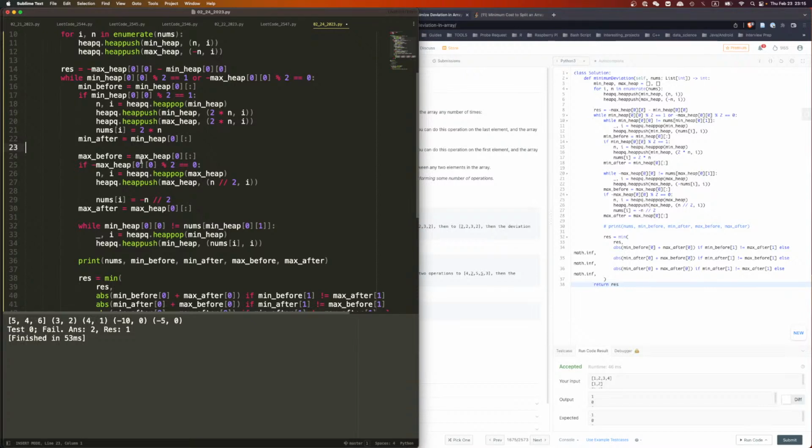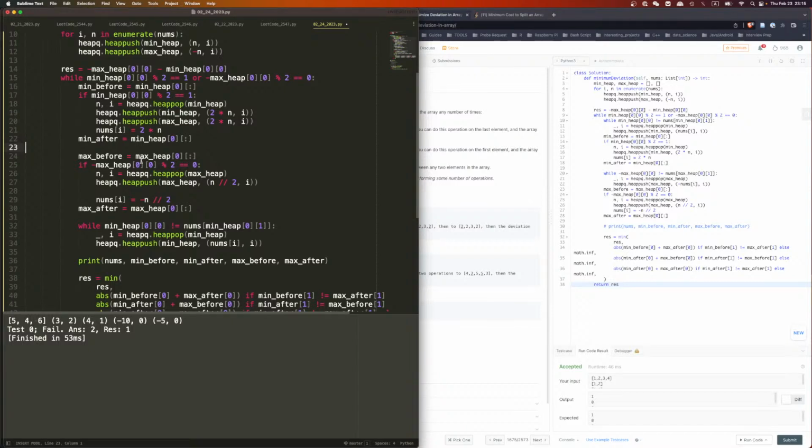I update both, so I get a current min and max, right? I move one. But the thing is, if I move min first, why can't we just move the max first? I move min. I also can move max first.